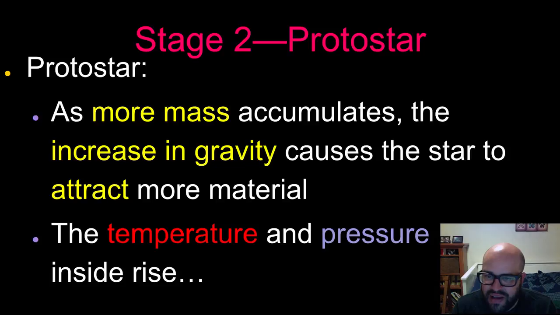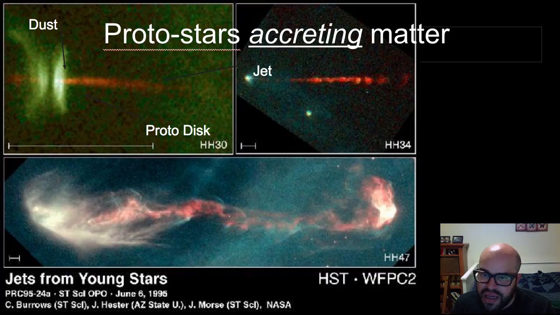And as all that mass accumulates, gravity goes up, and as gravity increases, it starts to attract more material, which makes the gravity go up, which makes the mass go up. Eventually gravity starts to push the mass together, and the temperature starts to go up, and pressure starts to go up until, oh wait, not yet.